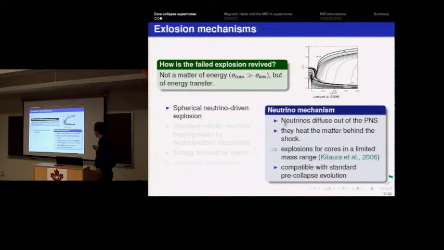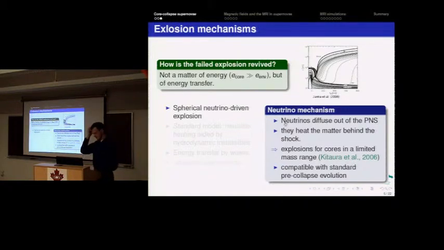So this line denotes the shock radius, so you can see that it goes outward, and even more, the matter behind the shock has positive velocity. So this is a successful explosion of such a star.